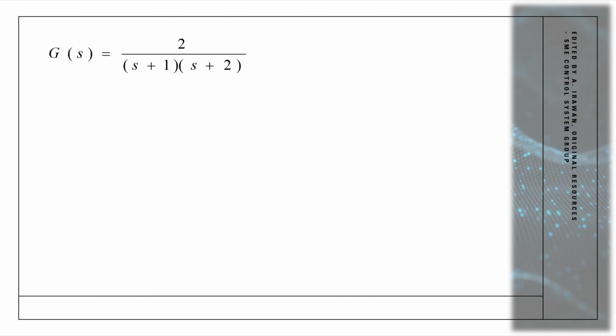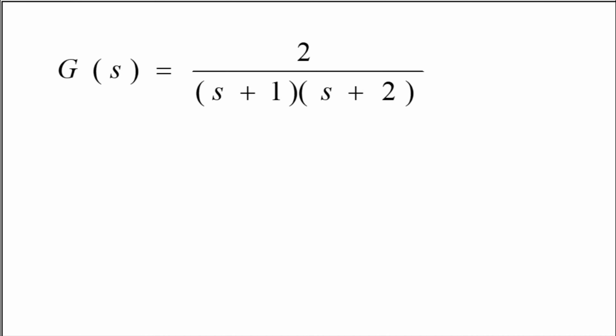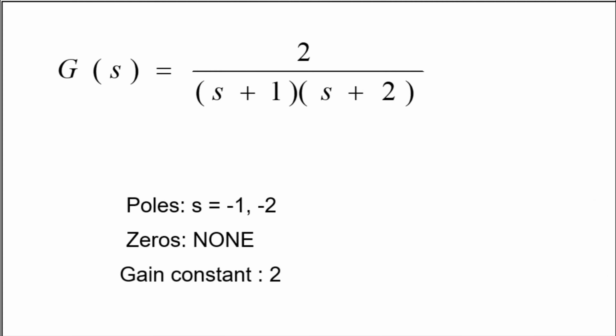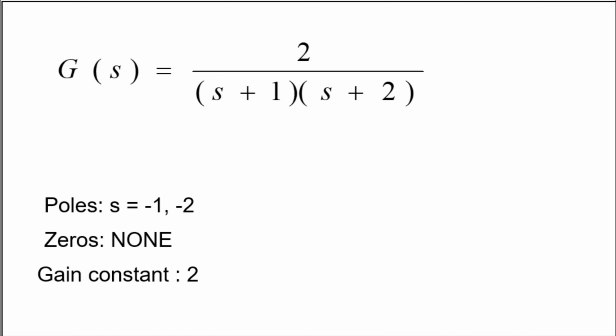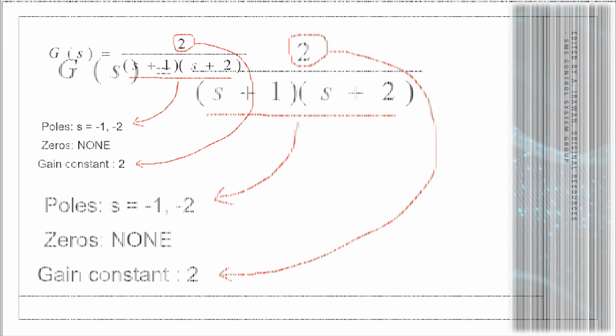Let's say we have an equation with no zeros. We only have a gain here, 2, and of course we have poles. So these are the poles, no zeros, and we have a constant 2.